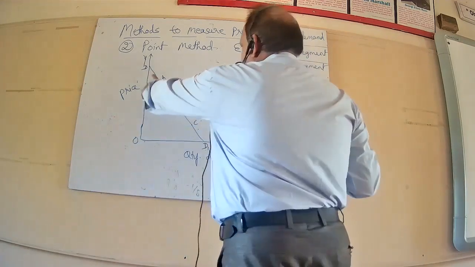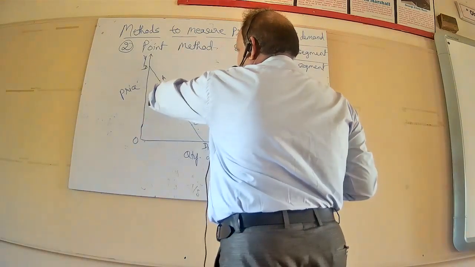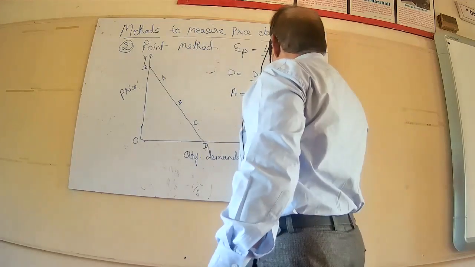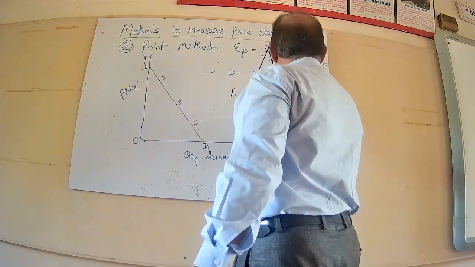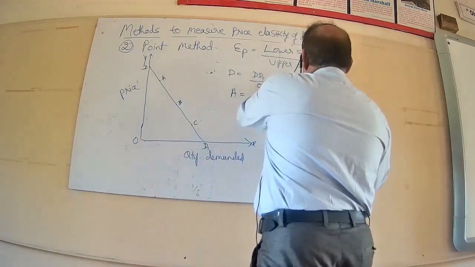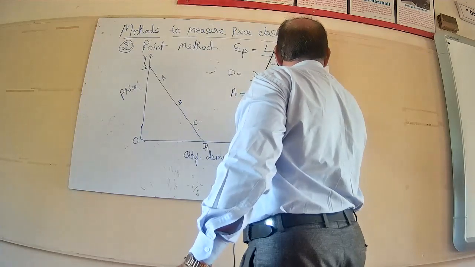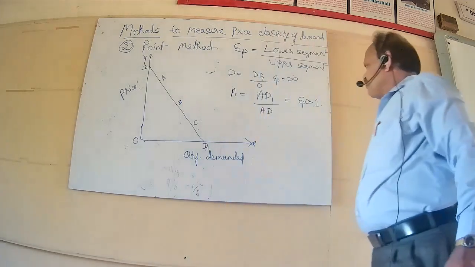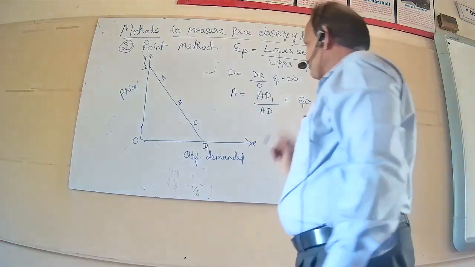Here AD1 is the bigger portion compared with the upper portion of the demand curve. Therefore, the value should always be greater than 1. EP is infinity in the first case, in the second case, EP is greater than 1. If the value of EP is greater than 1, it is the type of relatively elastic demand.